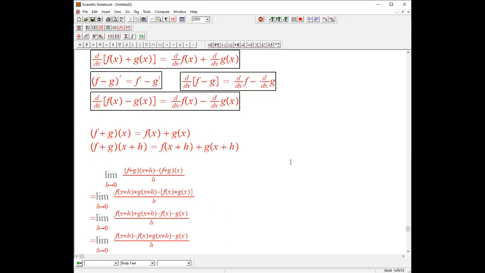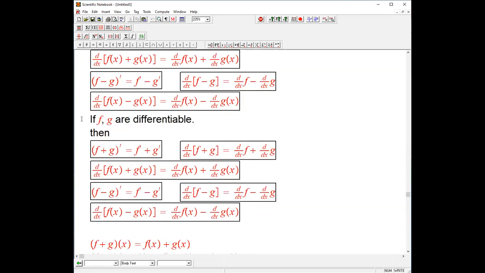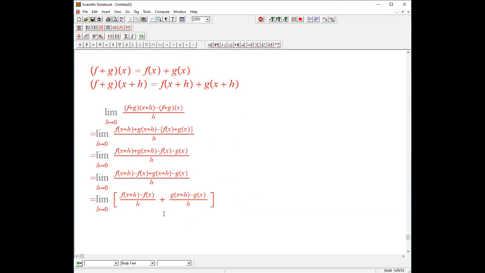Okay. So now because this differentiability is given, since f and g are differentiable, then we can separately find the limit. So these two limits will be separated as h approaches 0.